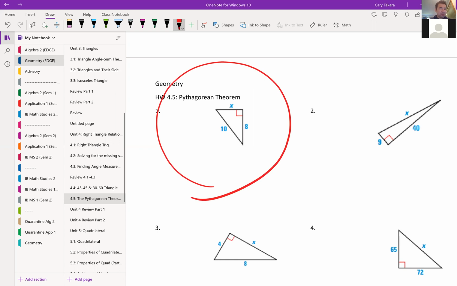That's the most critical part of all of this. Hypotenuse is this 10, isn't it? Yeah, very good, Harley. Thank you. So that's C. C is going to be 10. And then A and B are X and 8, respectively.